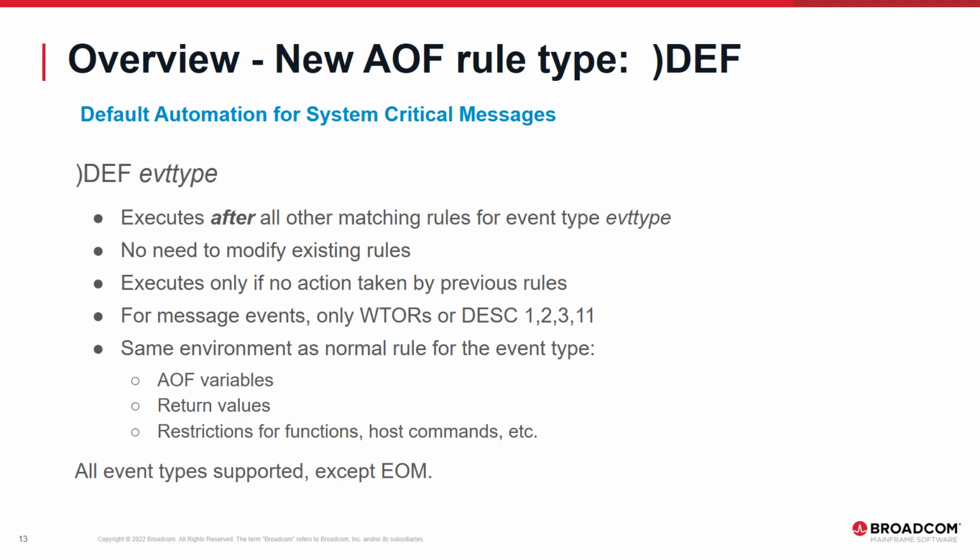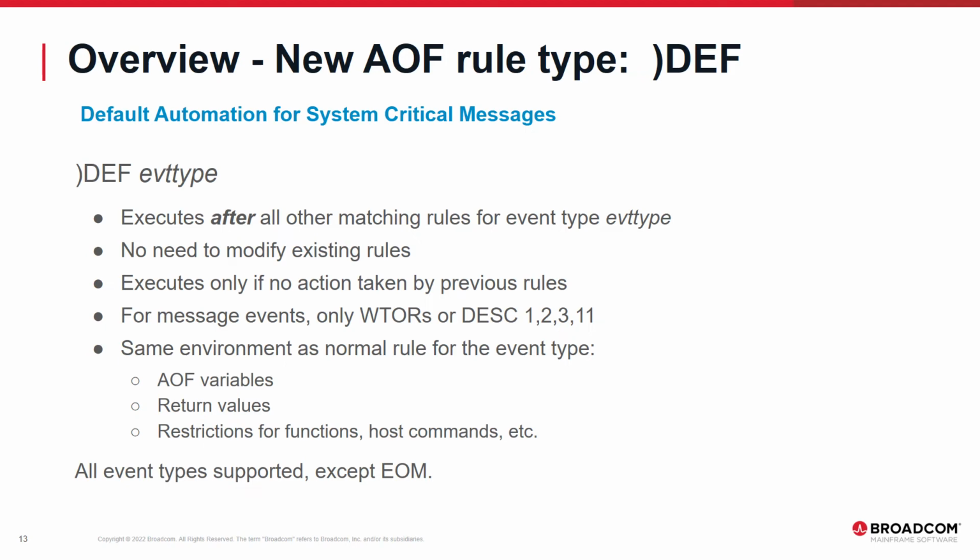These rules operate in the same environment as normal rules for the event type. So the same set of AOF variables are available. For example, for a default message rule, you will have available message.id, message.text.